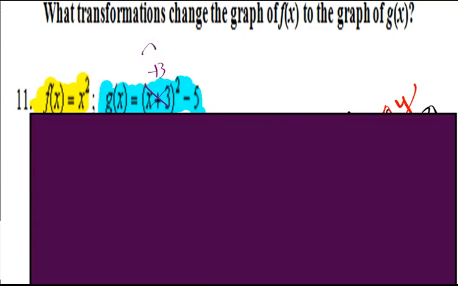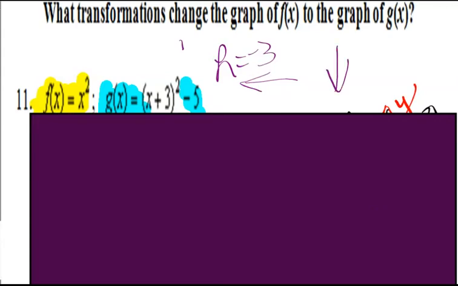Well, the original formula is x minus h, so our h must be a negative 3. So we've moved this horizontally 3 units backwards and down 5 units with our negative 5.